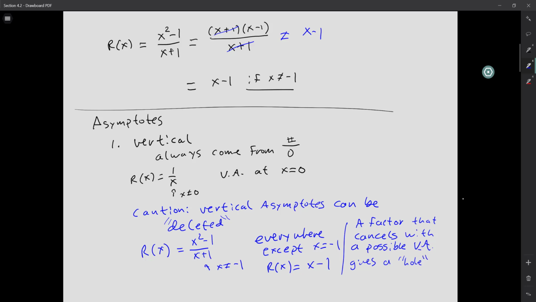And we'll go over each of these cases in the next section when we're actually talking about graphing these rational functions. But right now we're just concerned with what we have to look forward to. Vertical asymptotes you're always going to find on the bottom of the fraction, but you should always check them against the top of the fraction for the factors to see if you have a vertical asymptote or you actually have a hole. Our second type of asymptote is the horizontal asymptote.